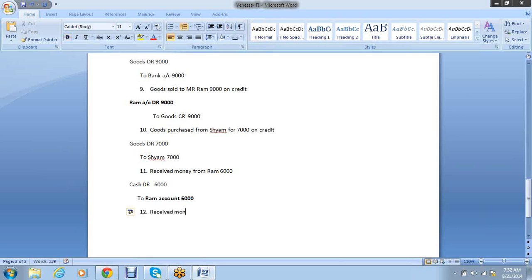Whenever I receive money from Ram for 3,000, the same entry will be posted with a different amount, 3,000. So earlier it got a debit of 9,000, and credits of 6,000 and 3,000, so the total is 9,000 and the balance is 0.